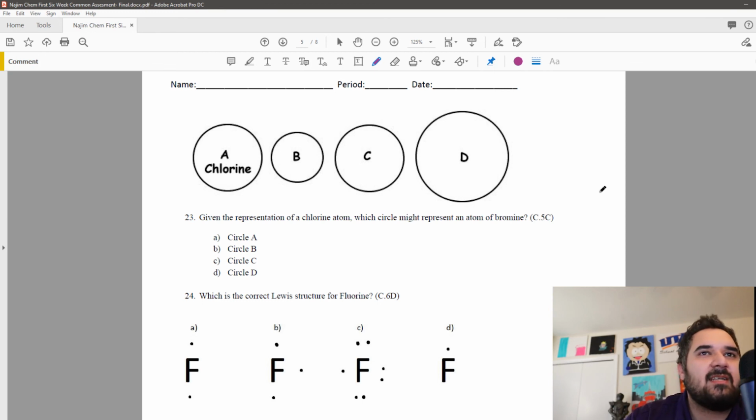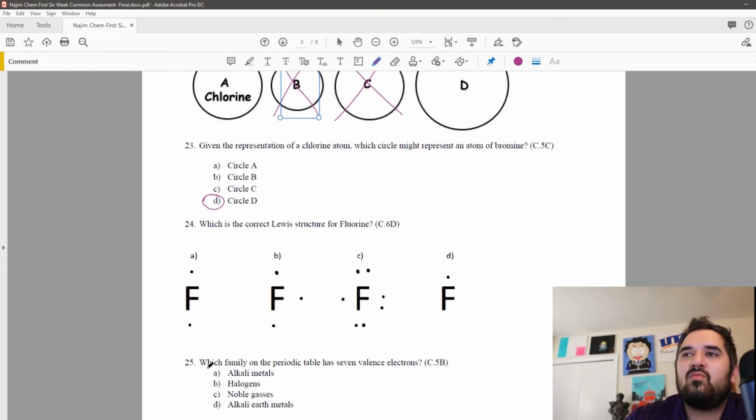If you look at the periodic table, you can see that bromine is directly underneath chlorine. So because bromine is directly underneath chlorine, should it be bigger or smaller? It's going to be bigger. So we could already cross out B. We could cross out C because C is the same size. The correct answer for this one is going to be D. That's a very simple one. This is periodic trends, and we're talking about atomic radii here.